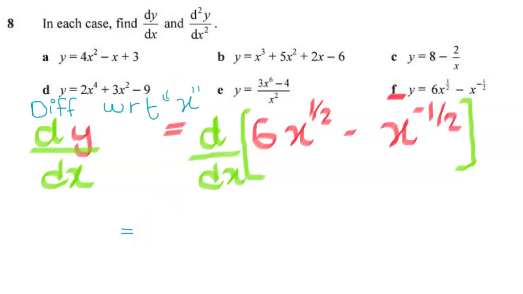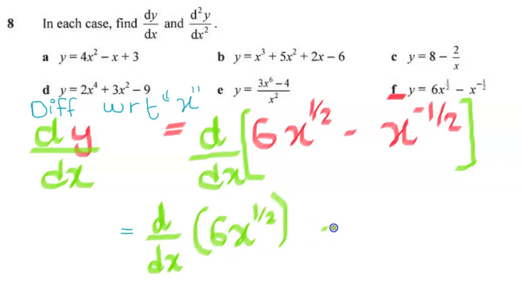In this one, we need to differentiate them separately. So that becomes d over dx of the 6x to the half minus d over dx of x to the minus half.